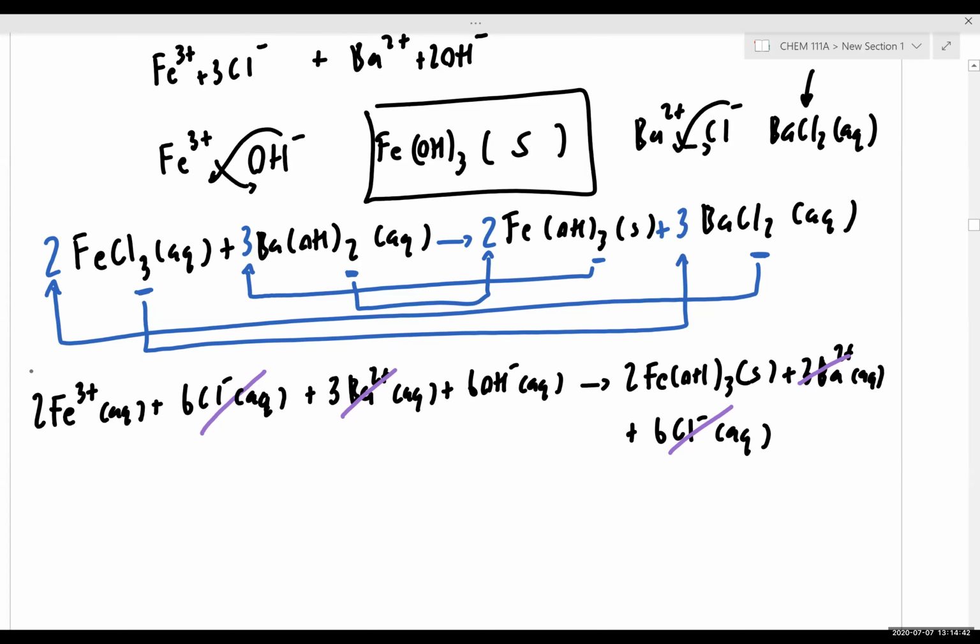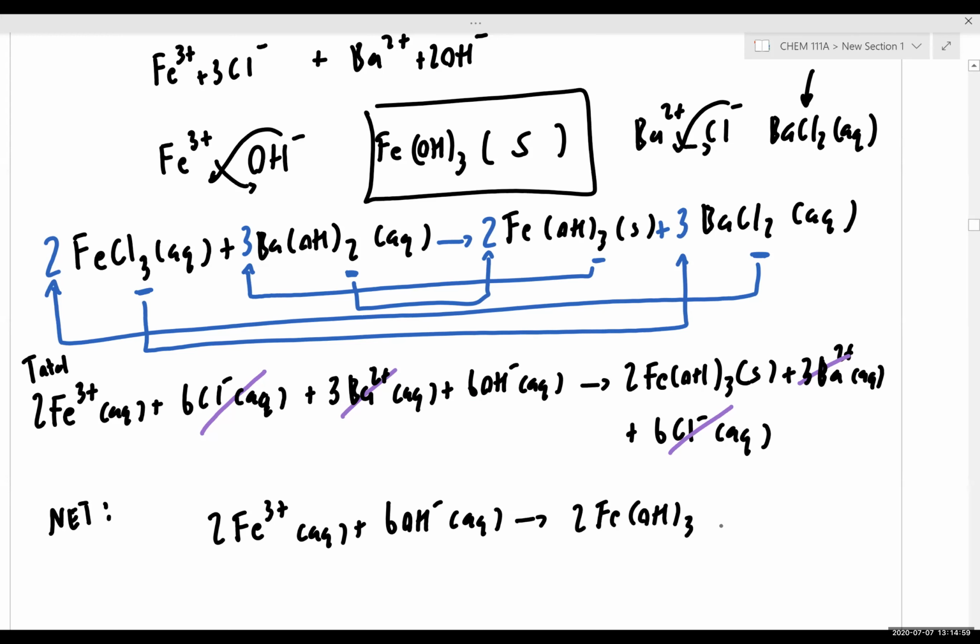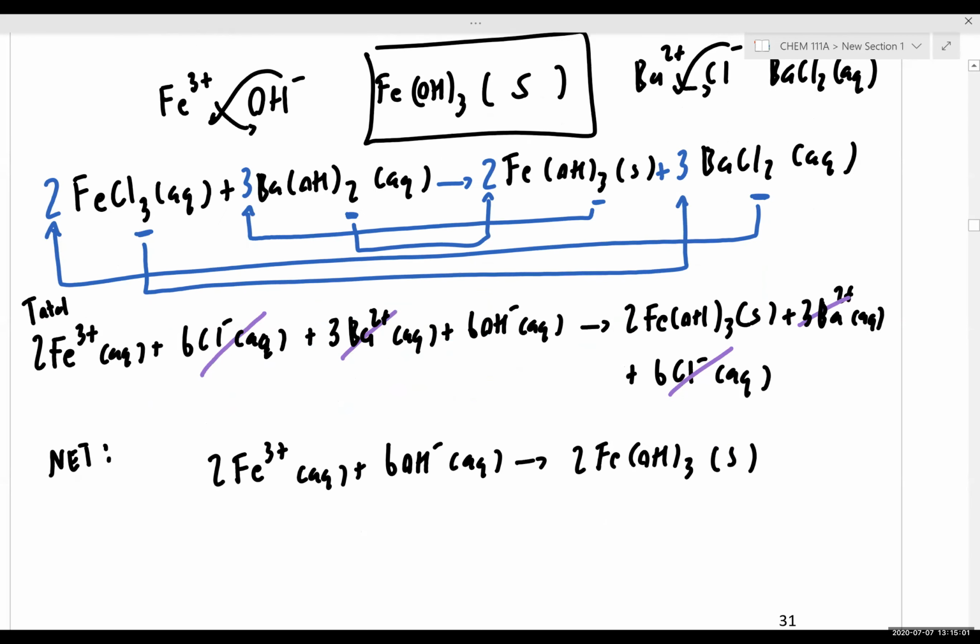So if this is our total ionic equation, let's look at our net ionic equation. So we have 2 iron 3+ aqueous plus 6 OH- aqueous leads to 2 iron 3 hydroxide solid. Now, I'm going to ask you a question here. Thinking about our general rules for writing chemical equations, does this equation look correct? Is there something off about this equation?